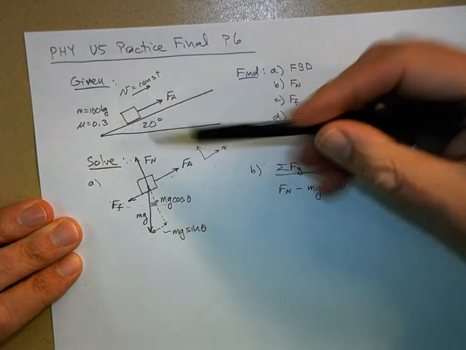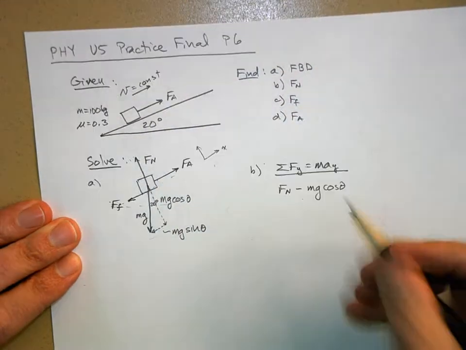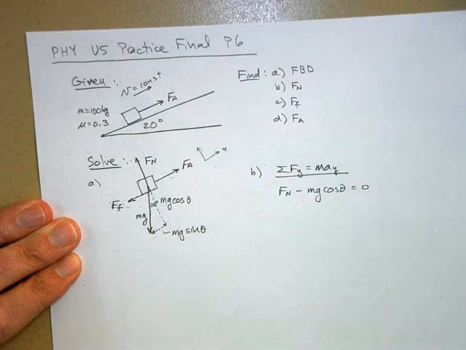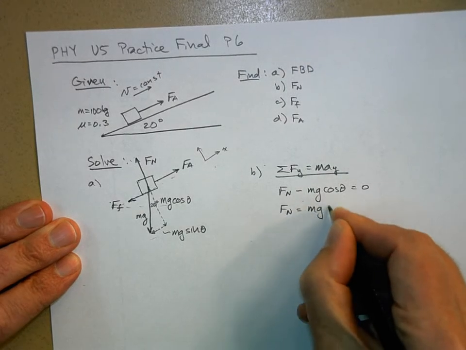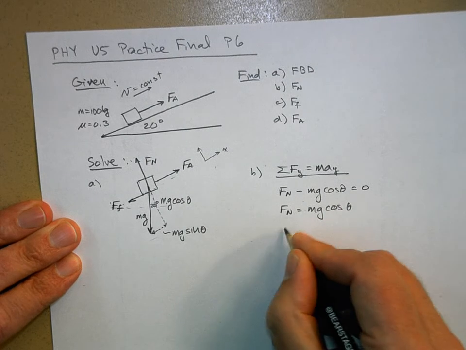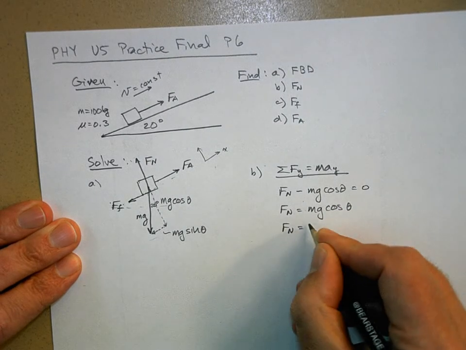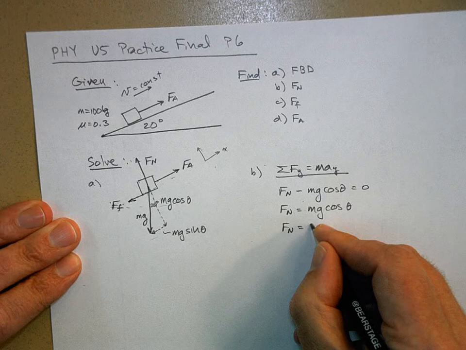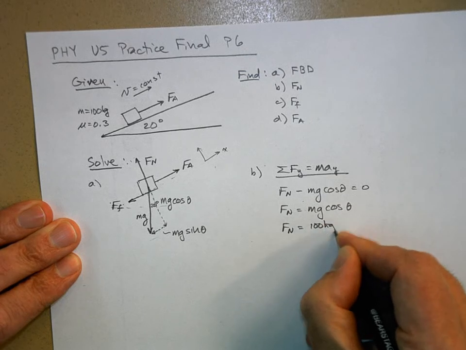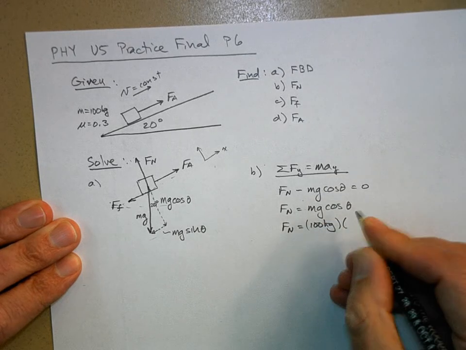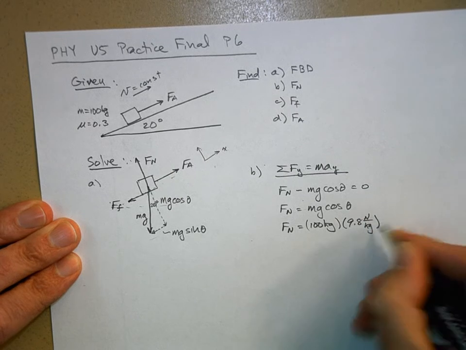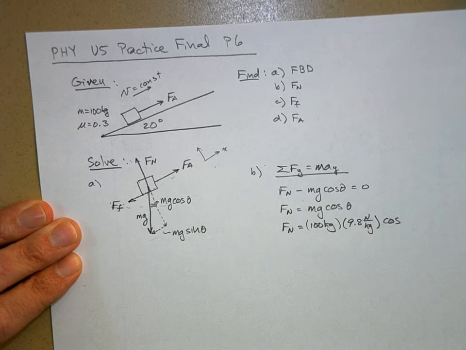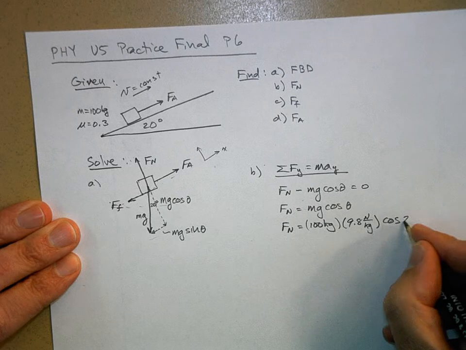And then there is no acceleration in this problem. Well, that means that the normal force is equal to mg cosine theta. So therefore the normal force is equal to the mass times the gravity field times the cosine of the angle of incline.